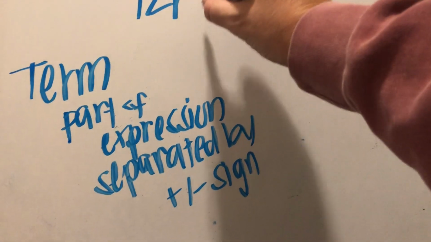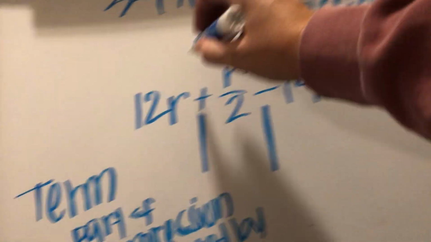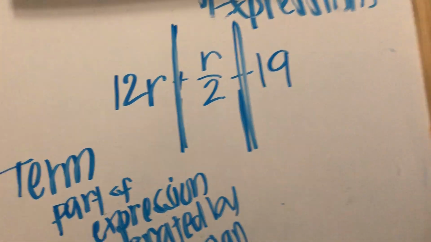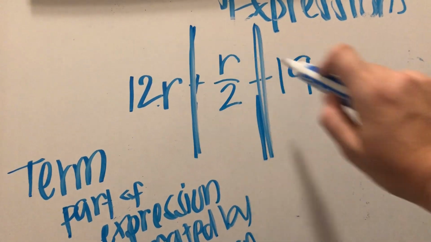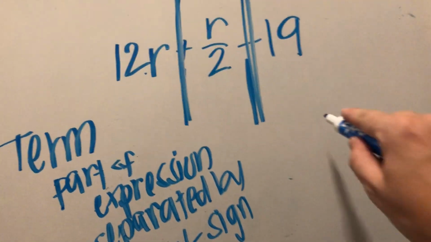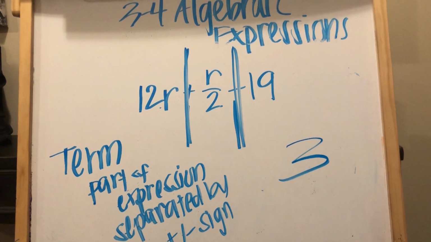So here we have an addition sign and we have a subtraction sign. Now, when we break those into parts, here we have 1 term, 2 terms, and 3 terms. So there we go. This problem here has 3 terms.